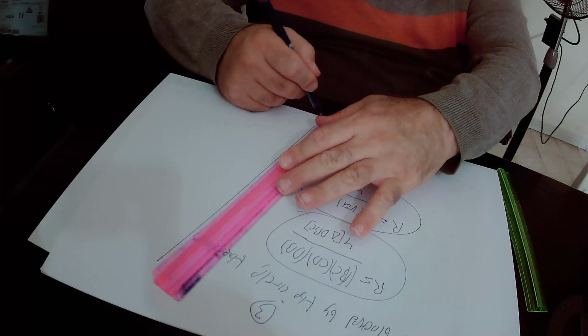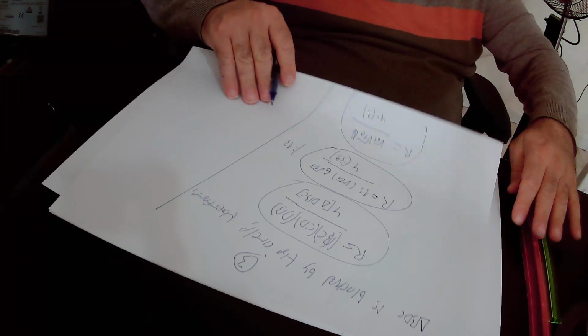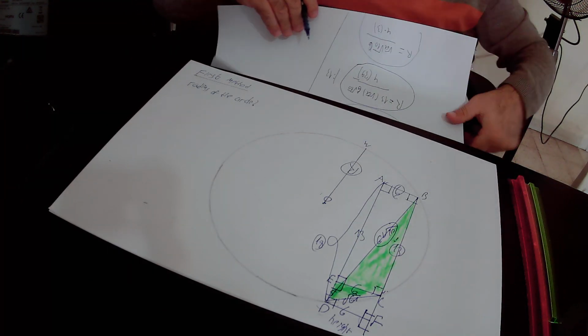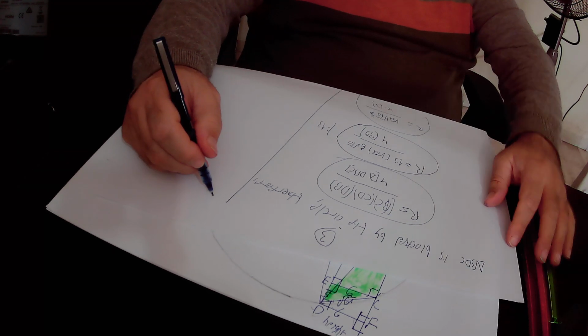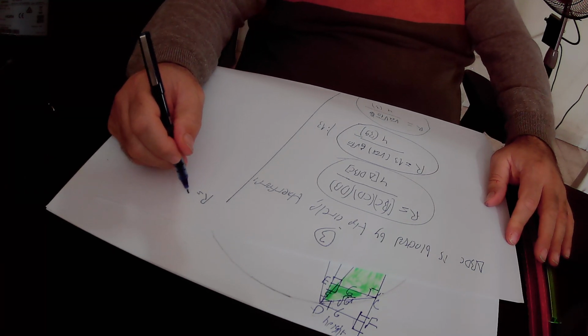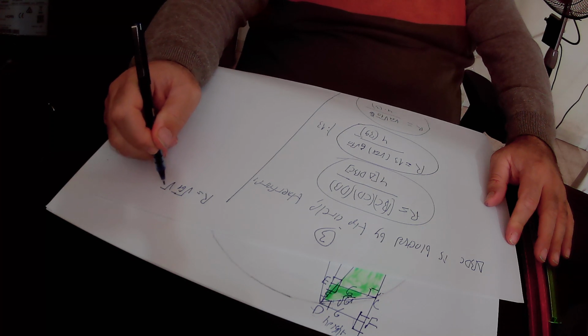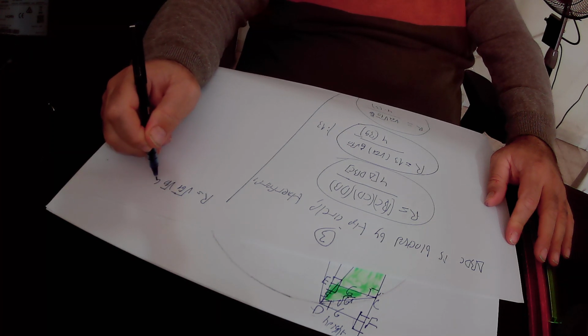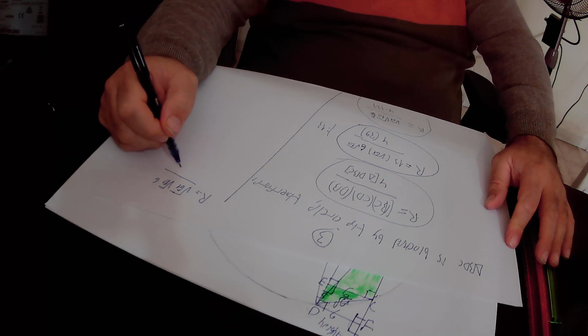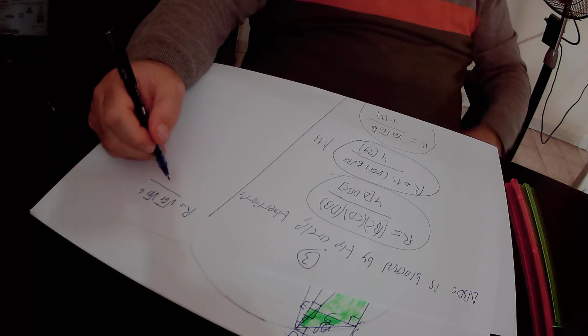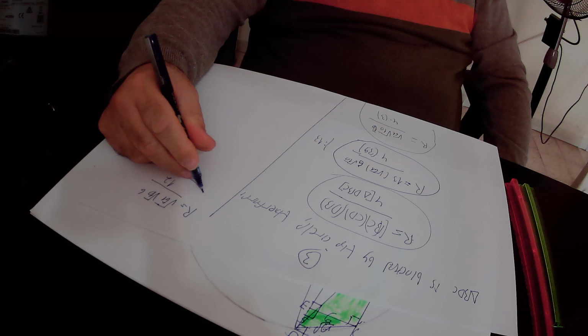So the radius of this circle capital R is equal to the square root of 61 times the square root of 10 times 6 over 4 times 3. 4 times 3 is 12.